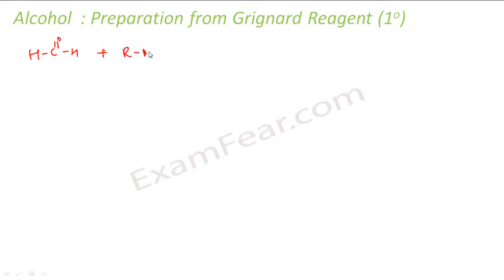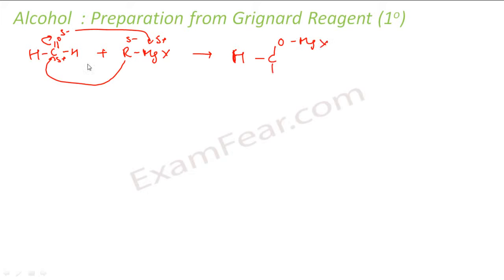So when it reacts with RMgX, the slightly negative R attacks this slightly positive carbon, and the slightly negative oxygen attacks the MgX. So what you get is H-C-O-MgX, here you get R, and here you get H. This is again an adduct.